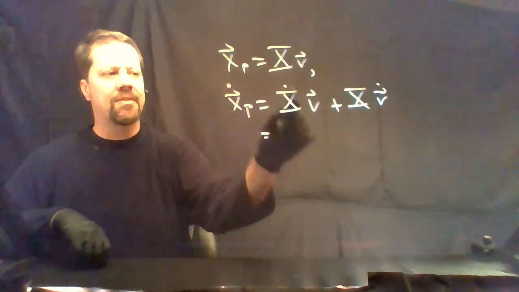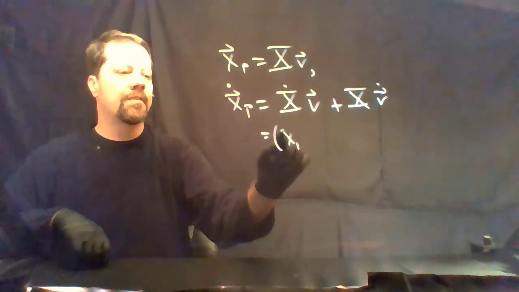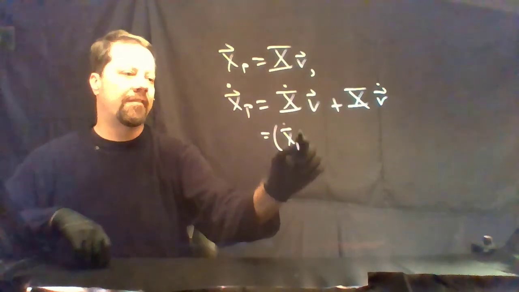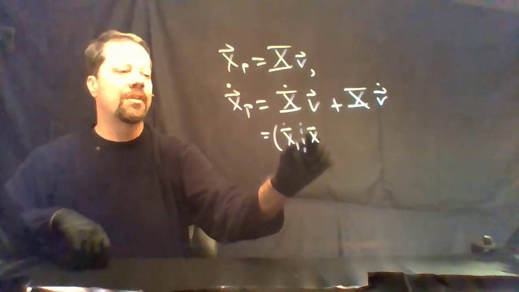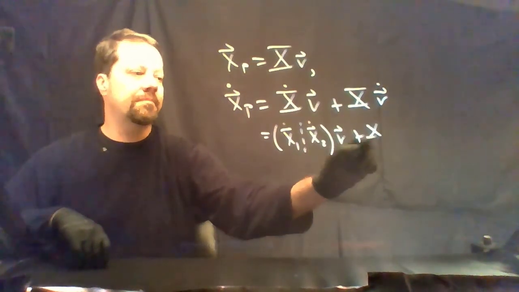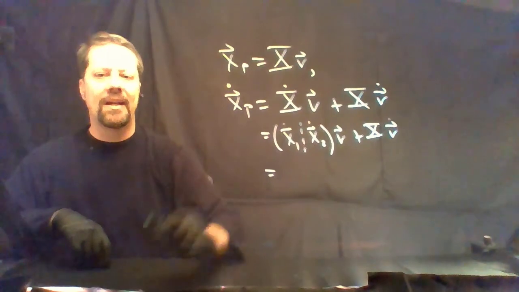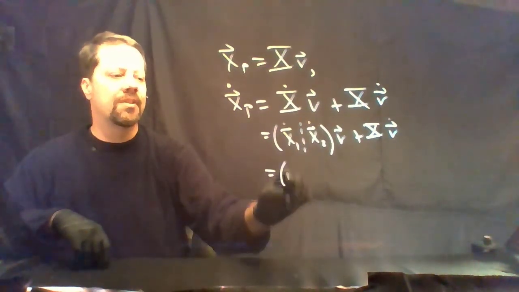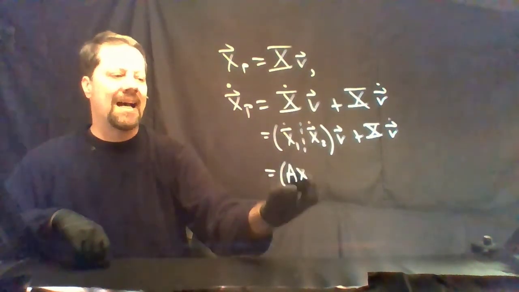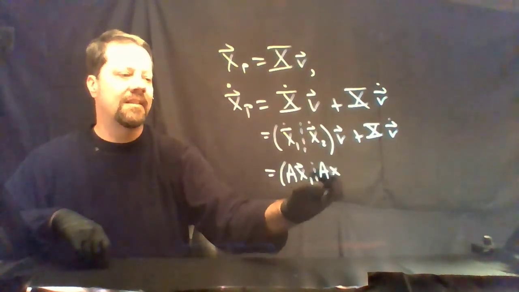Think about the entries in this matrix derivative here. The first column is going to be the derivative of one of our homogeneous solutions, and the second column will be yet another. Since x1 and x2 are homogeneous solutions, x1 dot is A x1, and x2 dot is A x2.